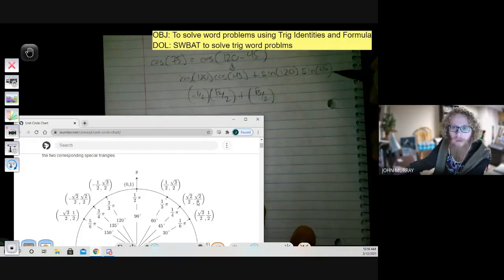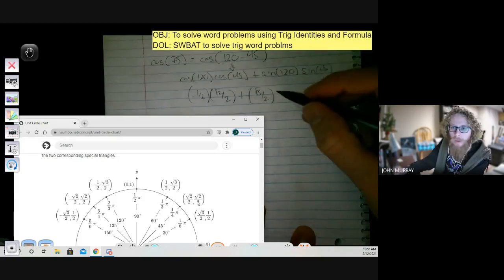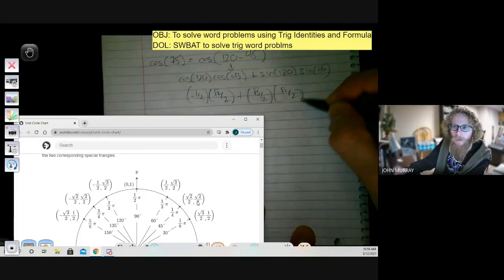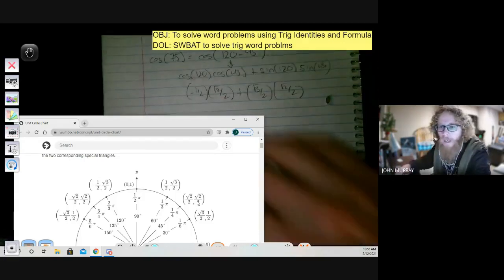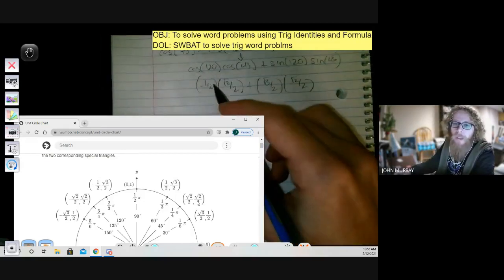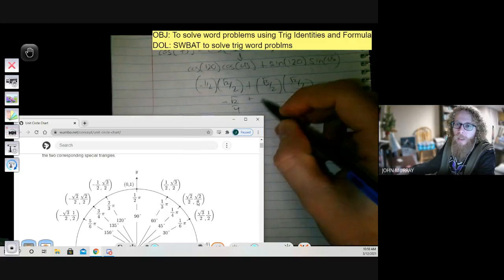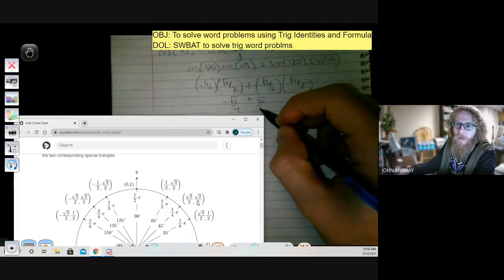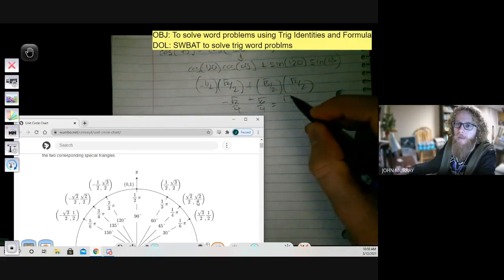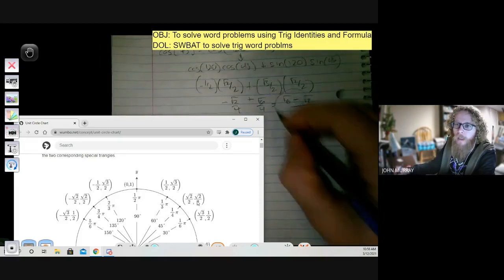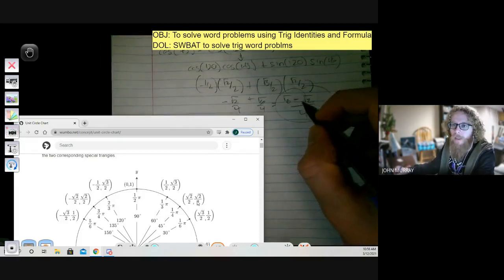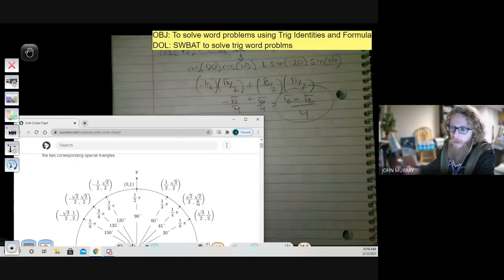And the sine of 45 is also √2/2. Now we're just simplifying. So this would get me negative √2/4 plus √6/4. I'm going to rearrange it so I don't have a negative in the front: √6 minus √2 over 4.